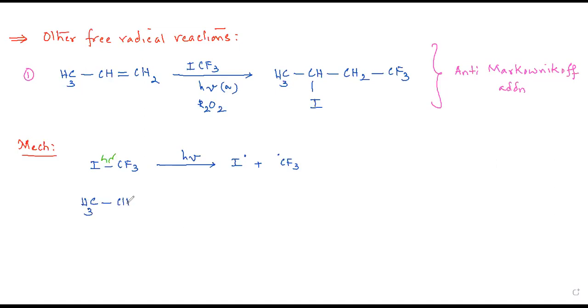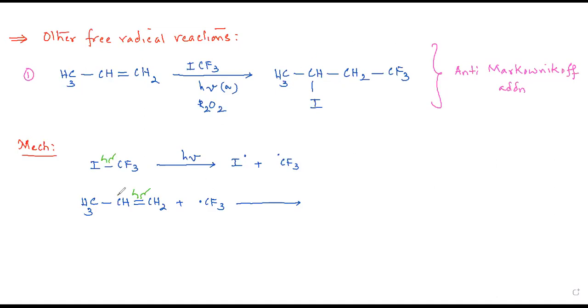Now let us consider our propene. This propene adds the CF3 free radical. It actually goes this way. Again, go for homolytic fission.